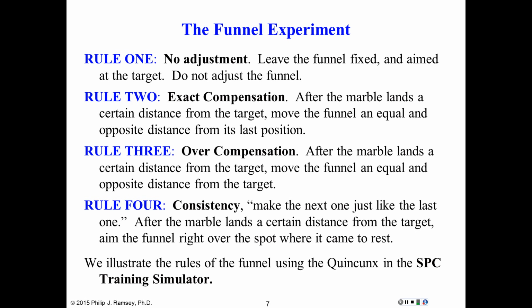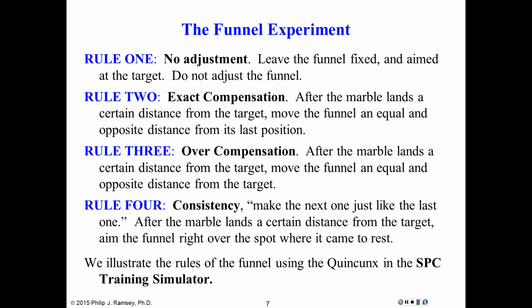In other words, I'm always moving the funnel in an opposite direction toward the target from where the marble came to land. Okay, that's very common, and you can actually mathematically show, we won't do it, it's not trivial, that by using exact compensation, you increase the variation of the process 40%. And that's well known.